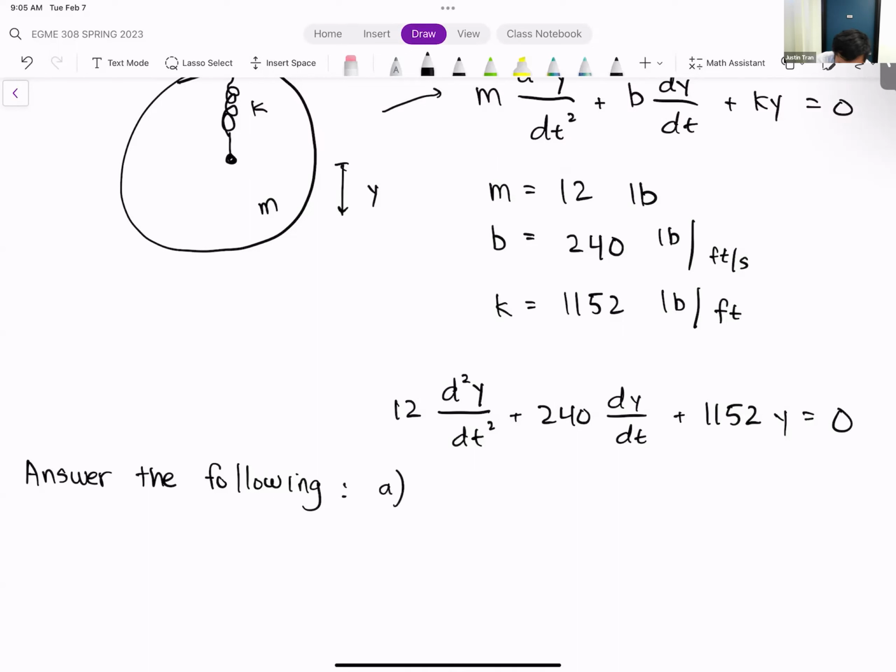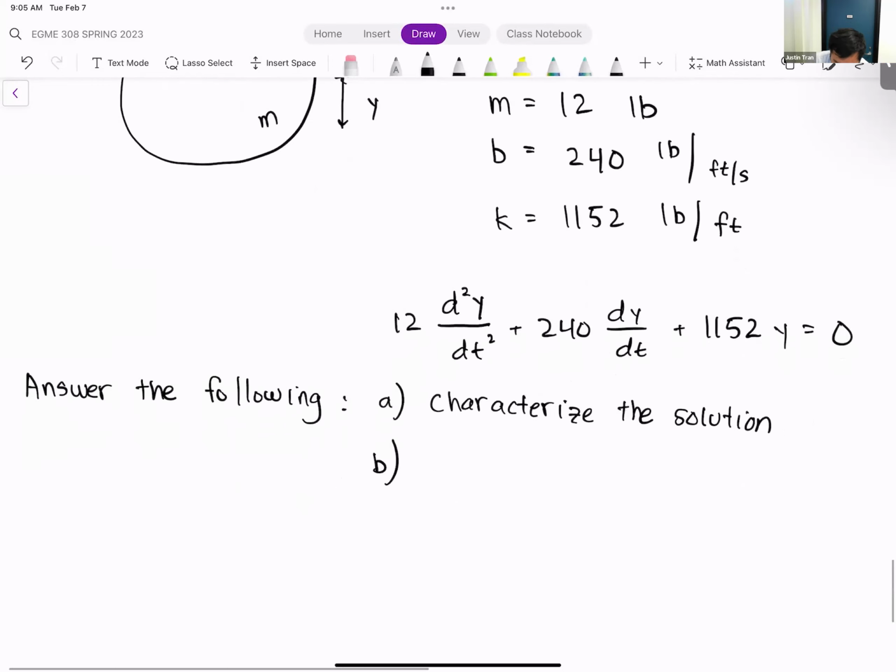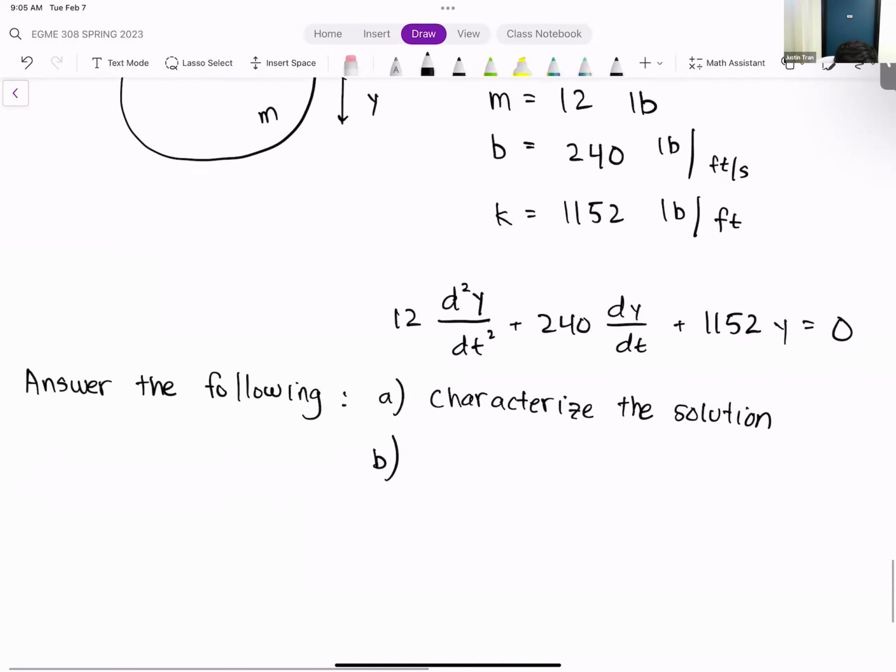In part A, let's just simply characterize the solution. Based on the roots of the characteristic equation, before we even form the solution, we can characterize the system as overdamped, underdamped, or critically damped. In part B, let's solve for the homogeneous solution, or the general solution.